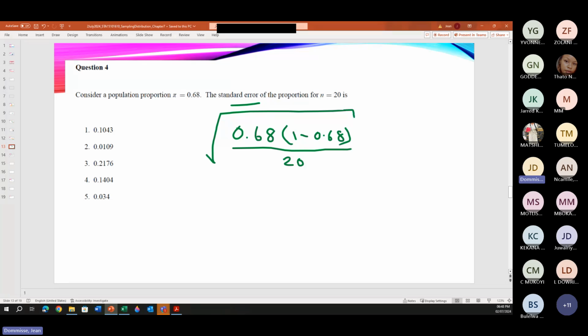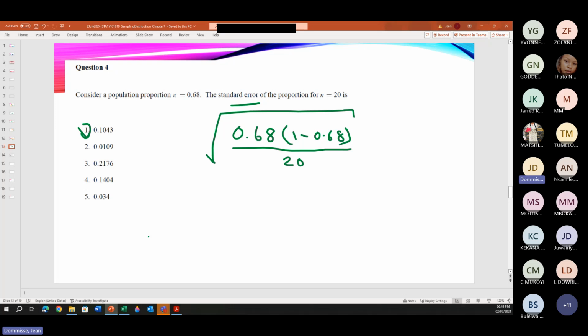If you're getting 0.1043, yes, I'm getting the same on the calculator. Option 1. Okay, so at least there was no problem with that.